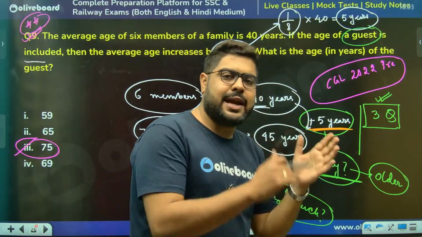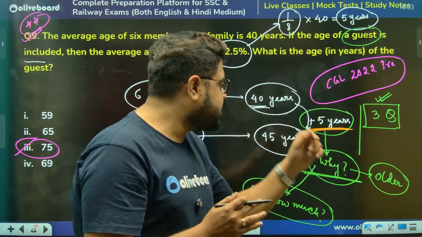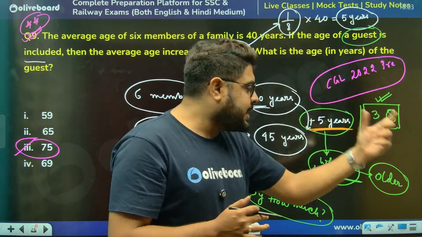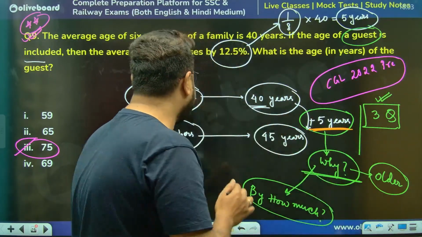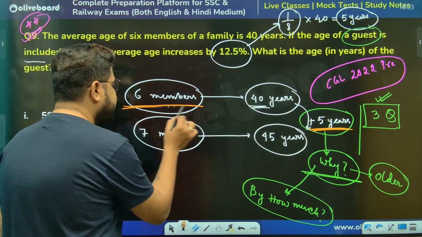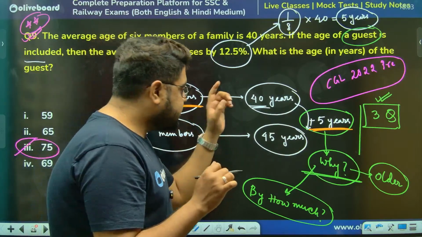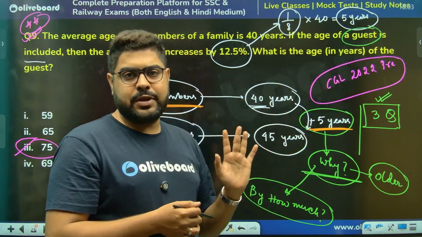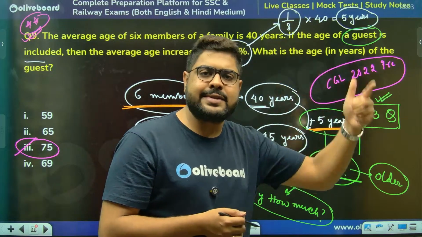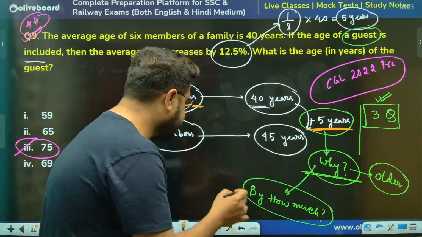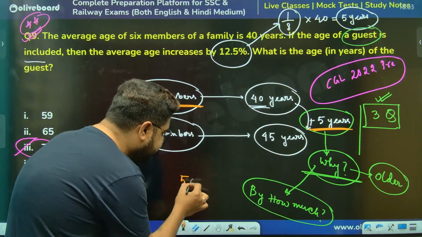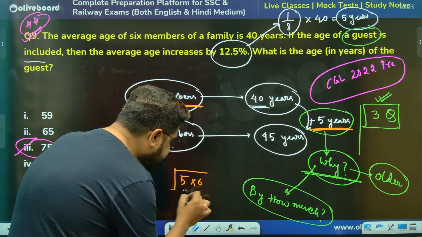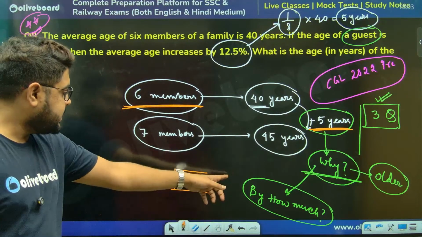Other than that person himself, every one of the 6 members has their age increased by 5 years. So how much more? For 1, 5 years; for 6, this many years. This is the second question.